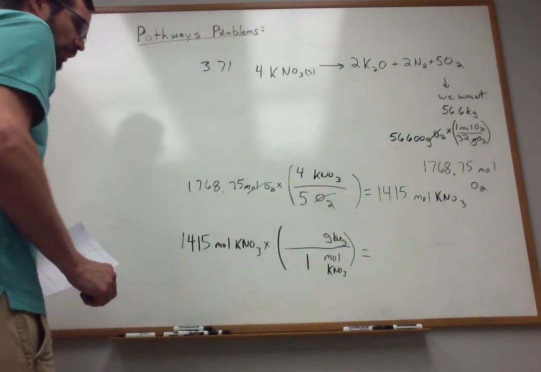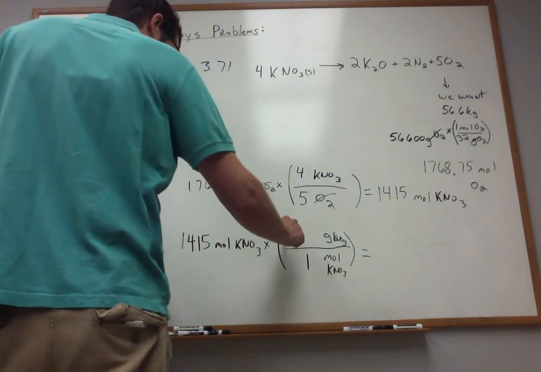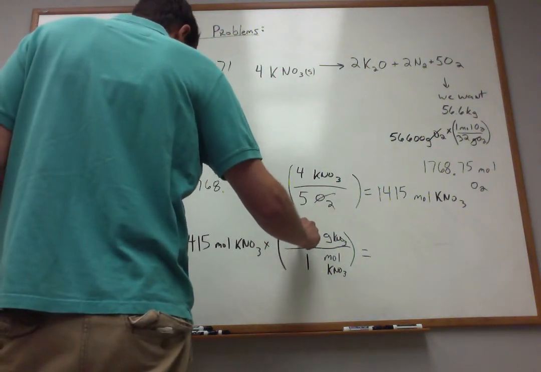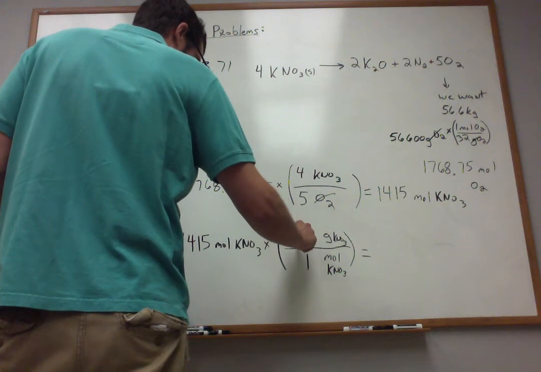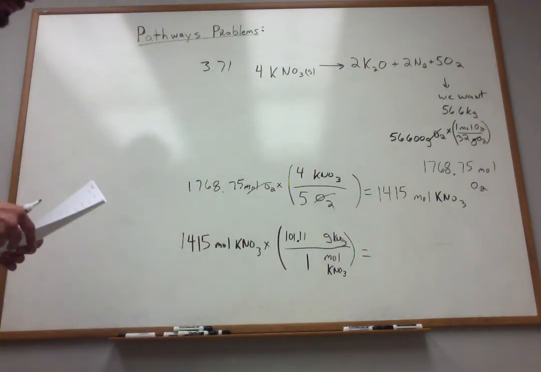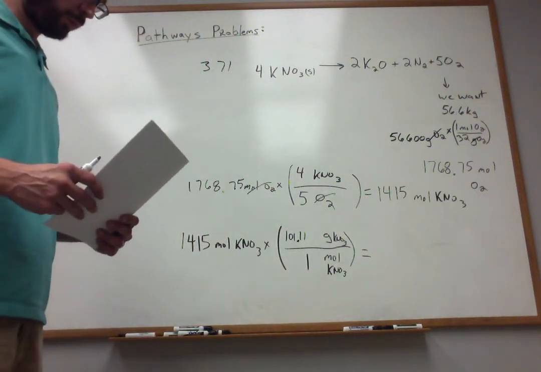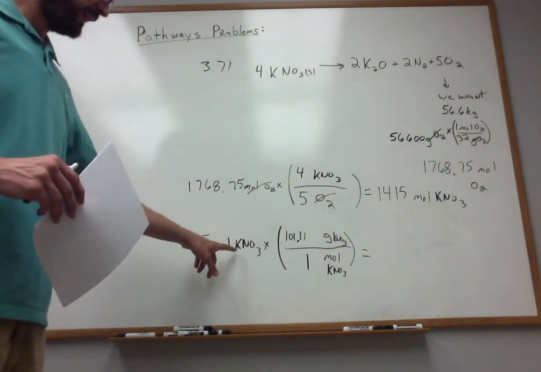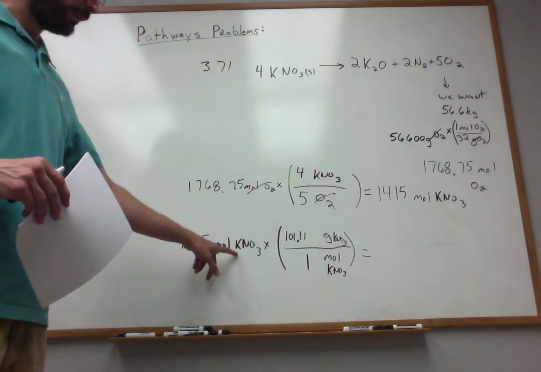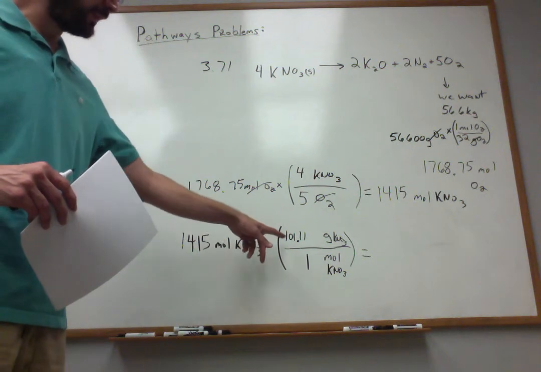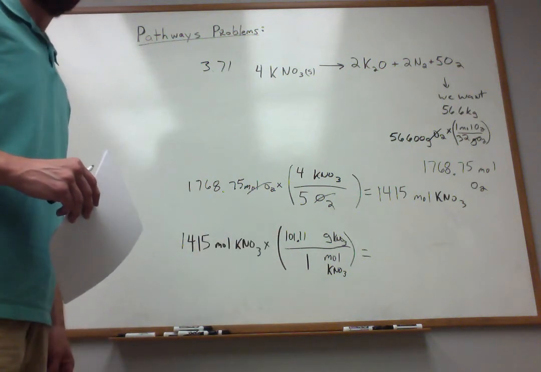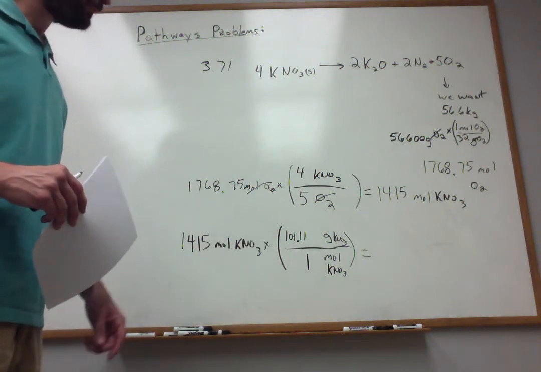So for every 1 mole of KNO3, I need to know how many grams corresponds to that. And it turns out the molecular weight of KNO3 is 101.11. This is that number that you get if you add up all the parts from the periodic table, the K, the N, and 3 oxygens. You end up getting 101.11. It's the molar mass, or the mass of 1 mole.